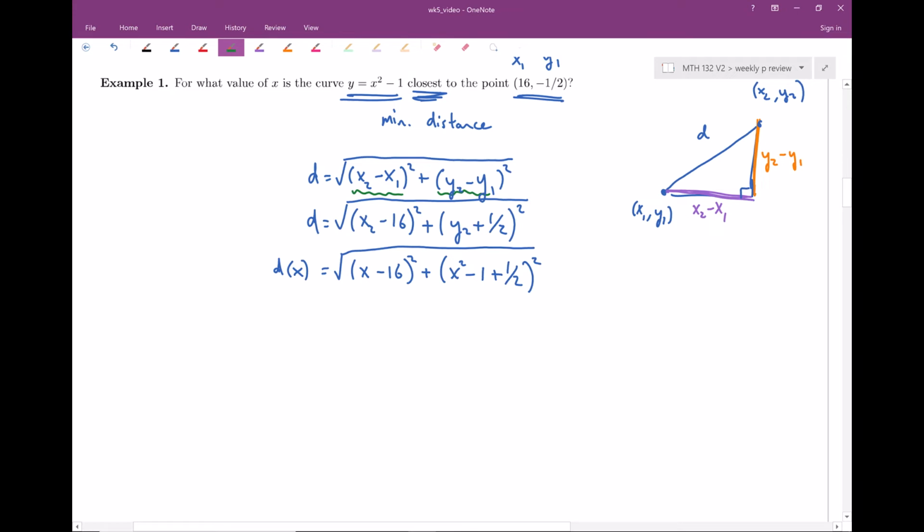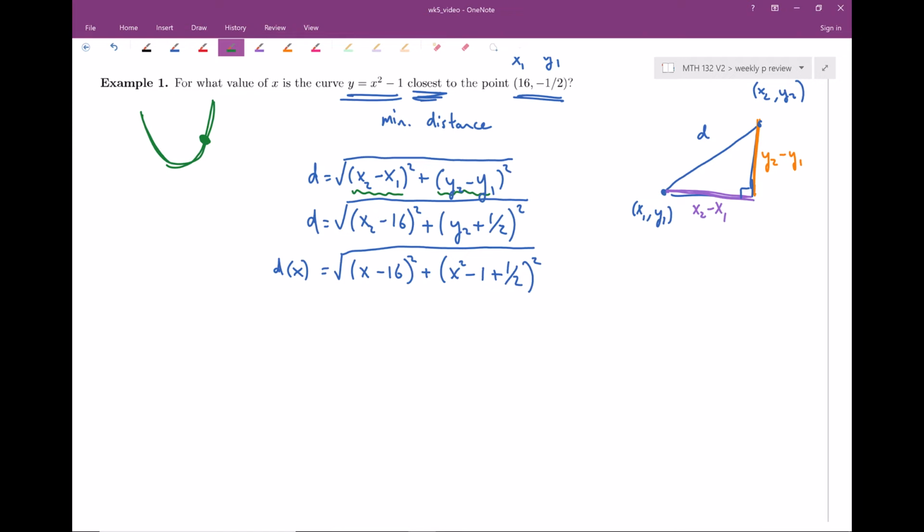The only time that this may not be positive is if they're right on top of each other. If I drew this curve right here, and that point 16 comma negative 1/2 actually lied on this curve, then the distance would be equal to 0. It's never going to be negative, but it's either going to be positive or it's going to be 0 if they lie on each other.